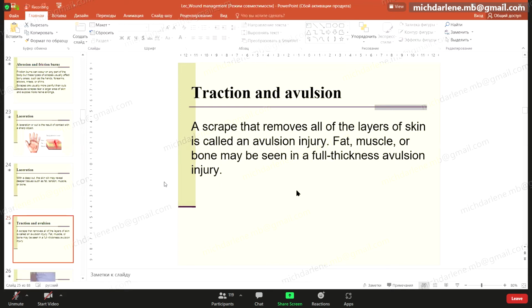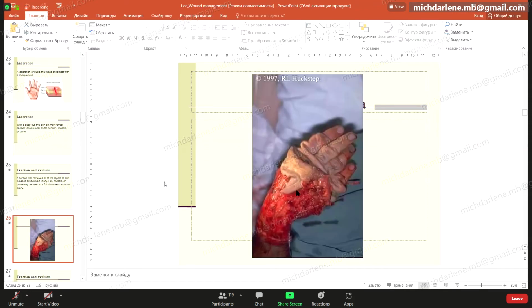Traction and avulsion. These are deeper kinds of wounds, where we go down internally into tissues, and we speak about traction and avulsion. You must understand what it is.